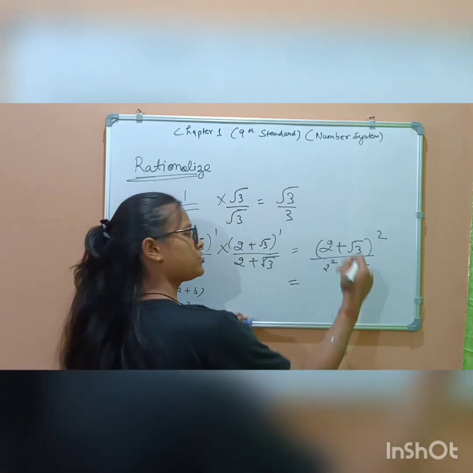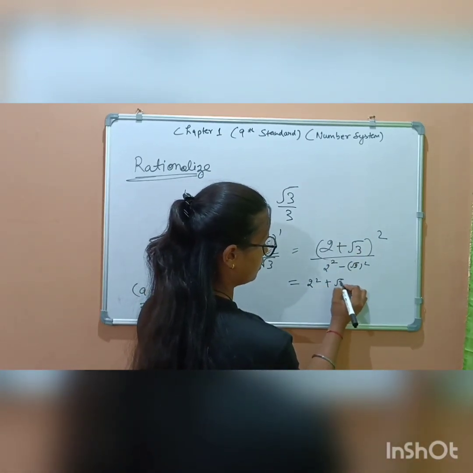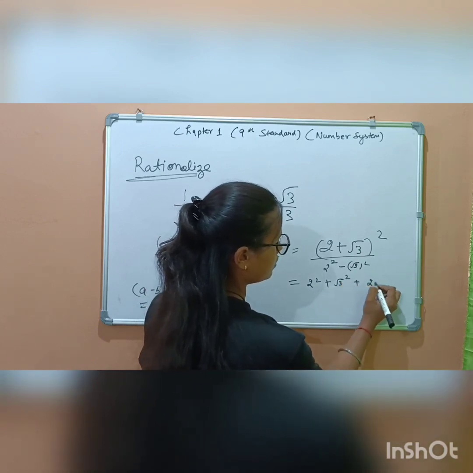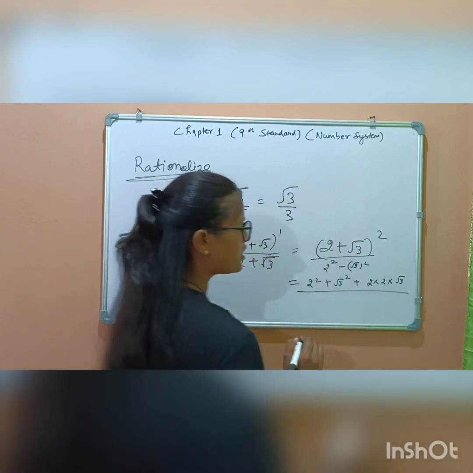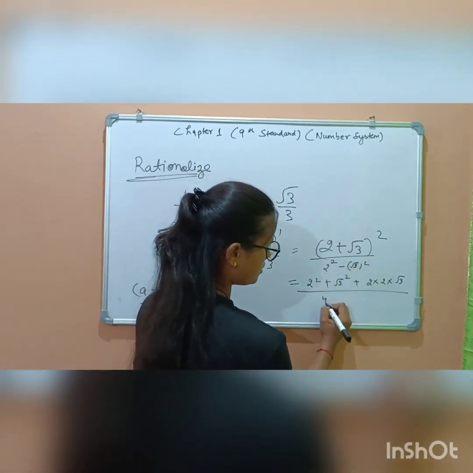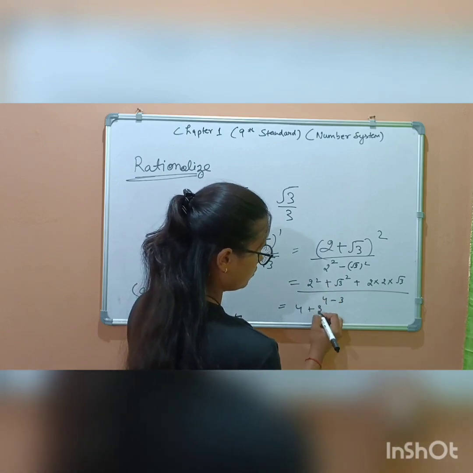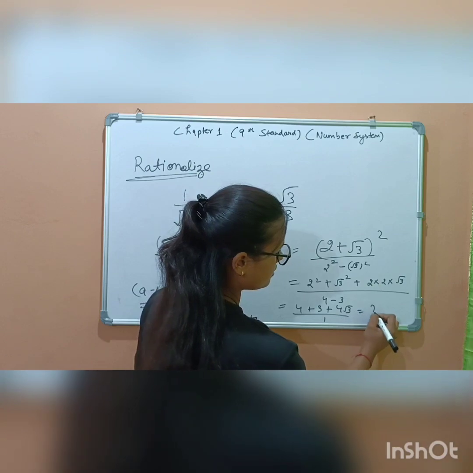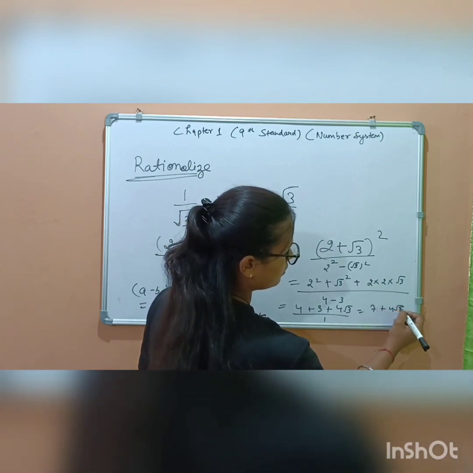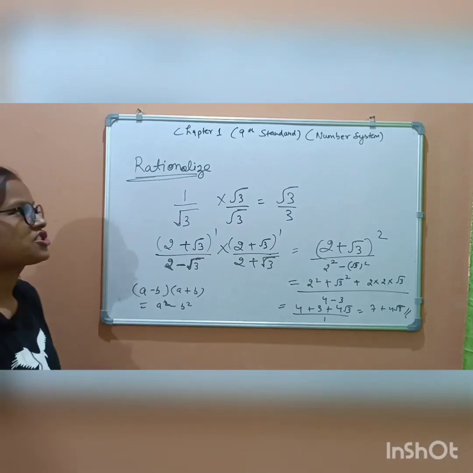Apply the a plus b whole square formula over here: a square plus b square plus 2ab. And in the denominator, a square minus b square, that is 4 minus 3. So I'll get 4 plus 3 plus 4 root 3 by 1, that is 7 plus 4 root 3. Clear? So this is how we rationalize.